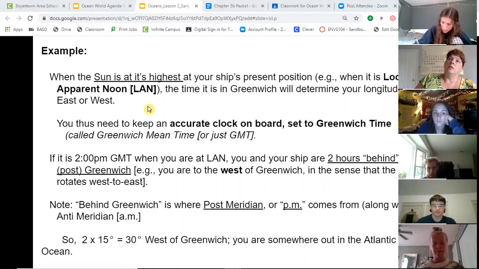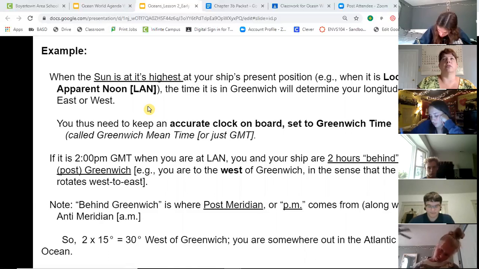So the early methods for sailors to determine their longitude was by looking at time and the position of the sun in the sky.